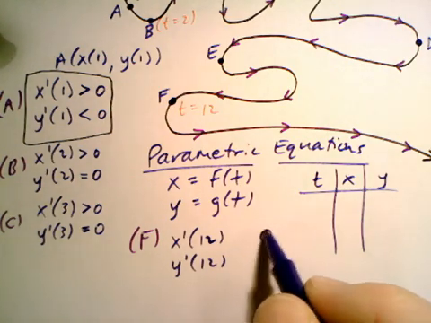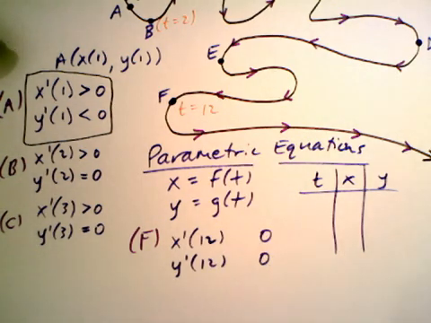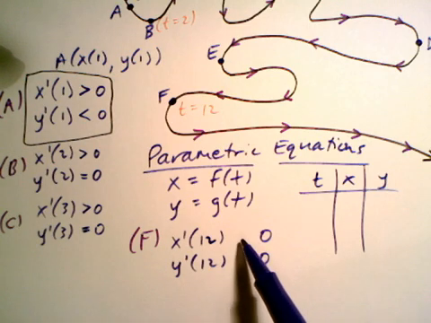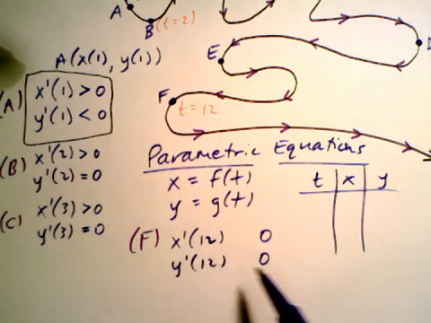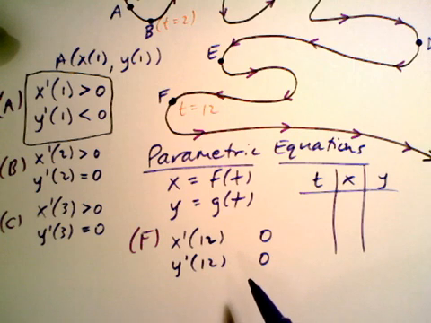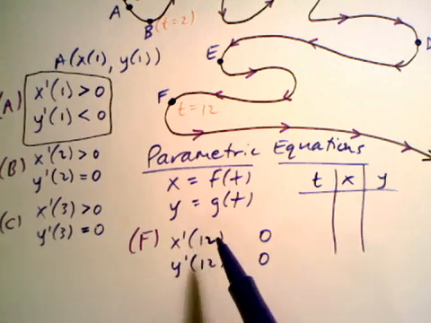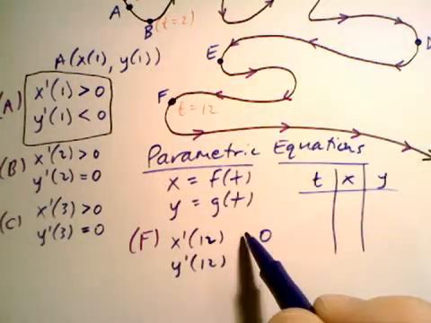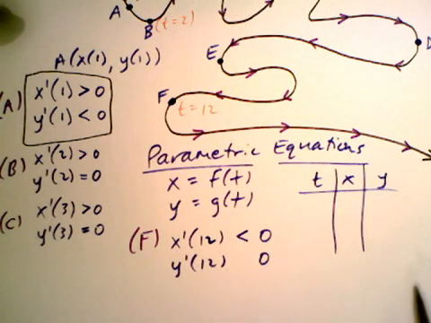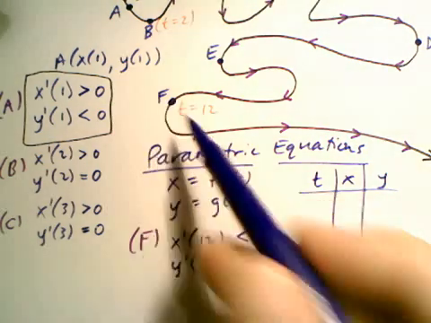Compare these to 0. Is the horizontal rate of change positive, negative, or is it equal to 0? And same with the vertical rate of change. Horizontal rate of change would be, now we're going to the left, so the horizontal rate of change is negative at that point F.